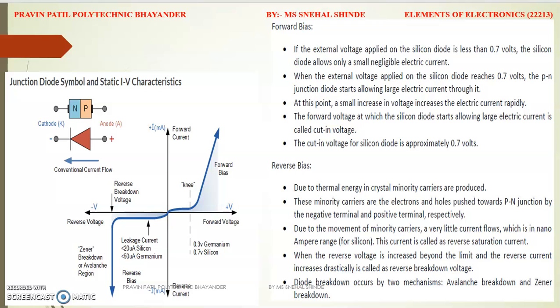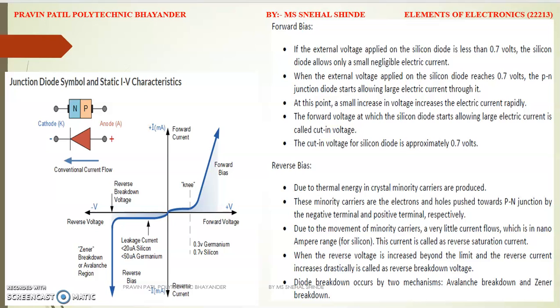So the current flowing through a diode in the reverse bias state is the reverse saturation current, which flows due to minority carriers. Therefore, it is treated as negative current.